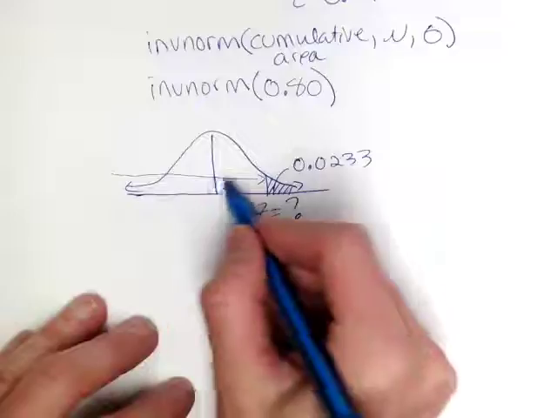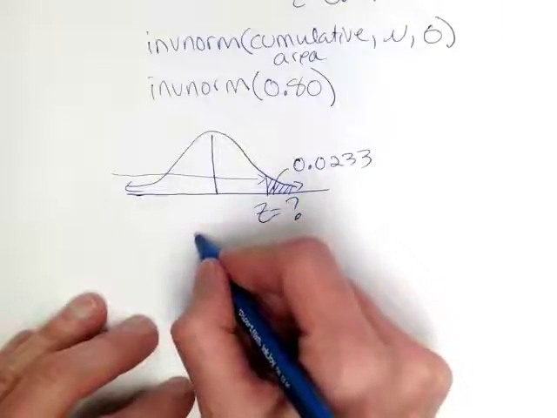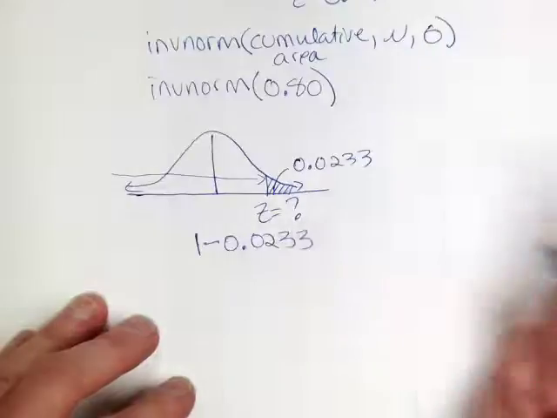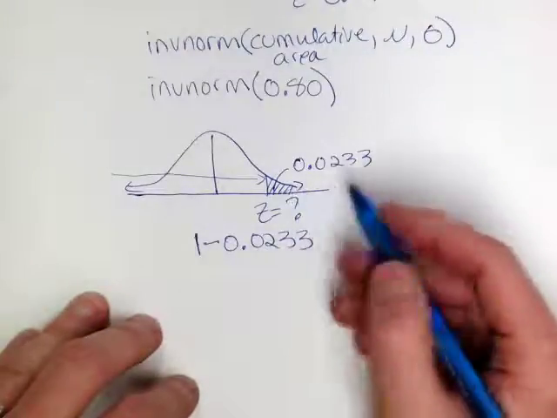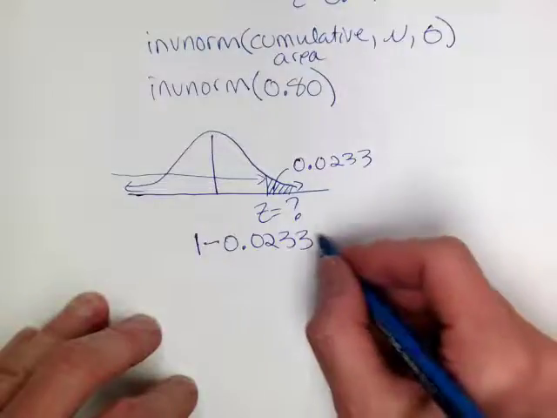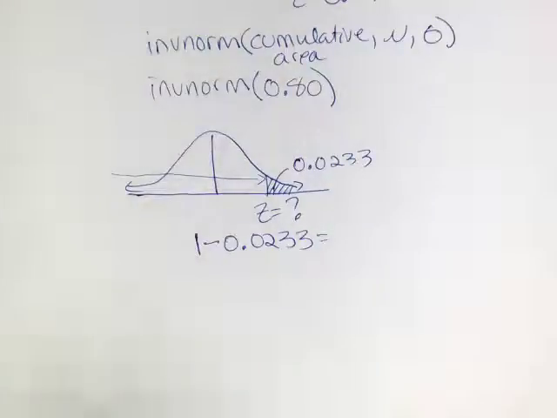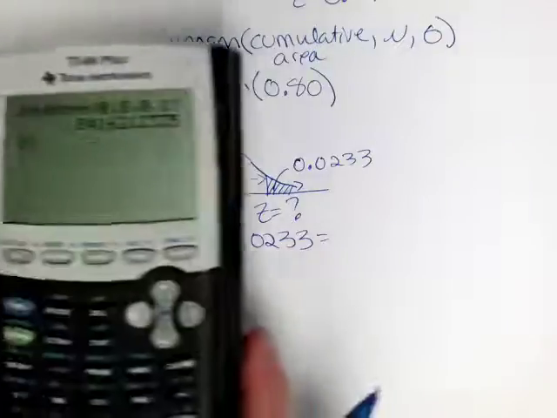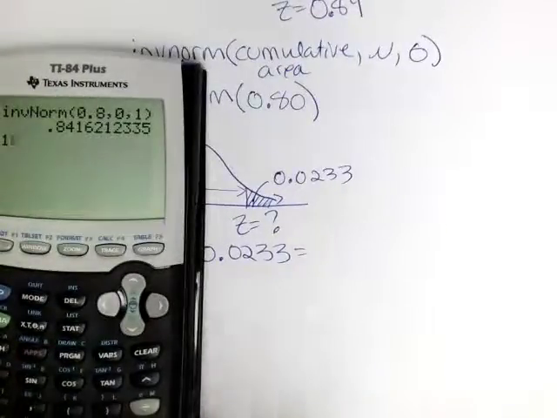To get this part, I can use the fact that it's going to be 1 minus this upper tail here, because the total area under the curve is 100%, or 1.